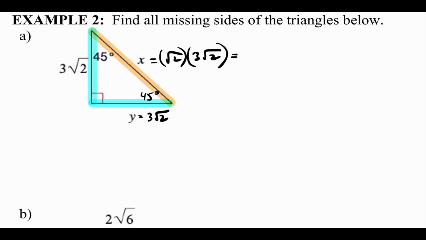So that one's a no. So can I multiply the square root of 2 times the square root of 2? That one I can, because they're both on the inside, right? So I get 3 times the square root of 4. Well, the square root of 4 is just 2. So really it's 3 times 2, which is 6.